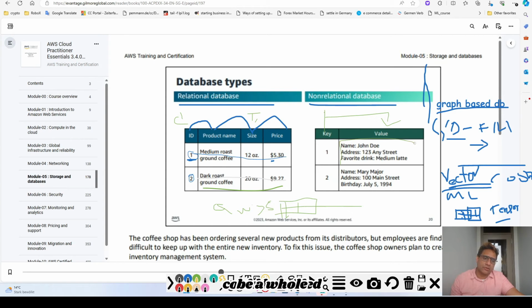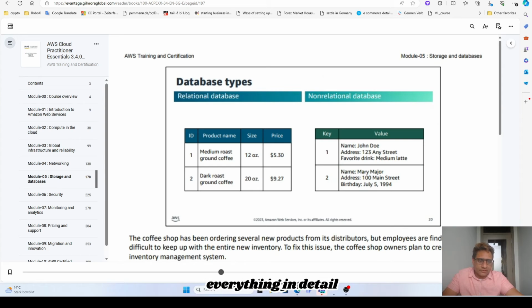Even this could be a whole document, a whole picture's pixels, or matrices of something else, and that makes life easier if you have a key-value pair style. And AWS has DynamoDB for that. So we'll discuss everything in detail.